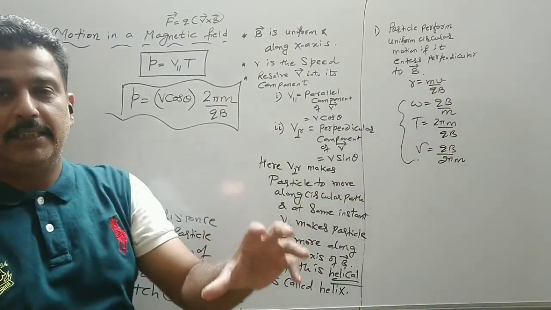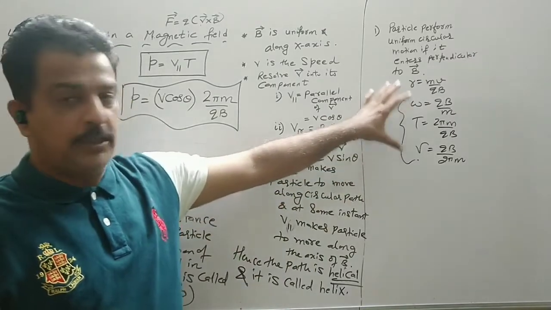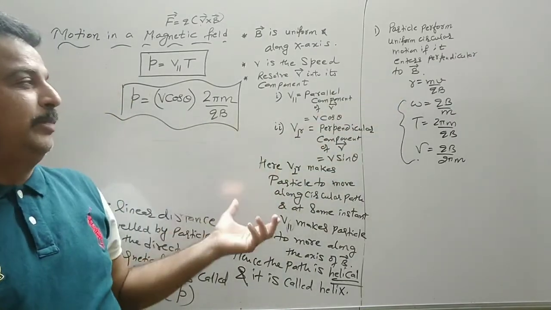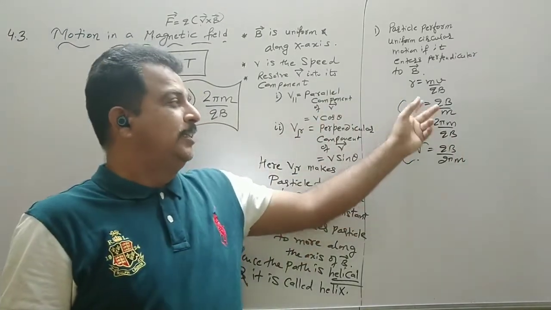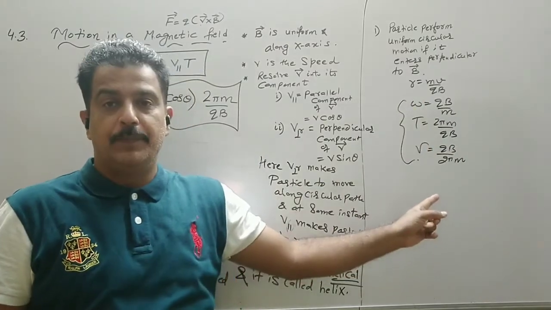So in the theory of circular motion in the helical path, you have to remember that wherever we have written v, the time period is independent of v.